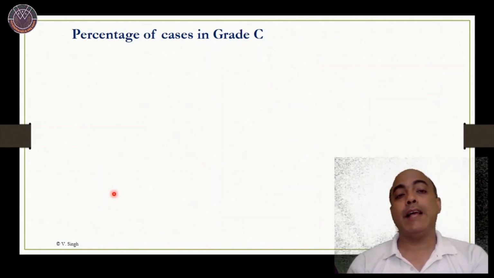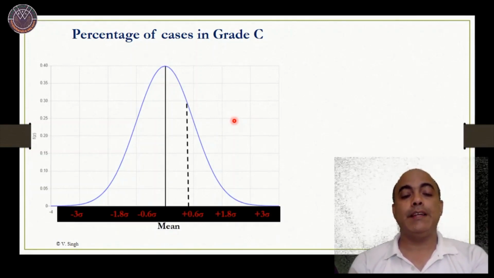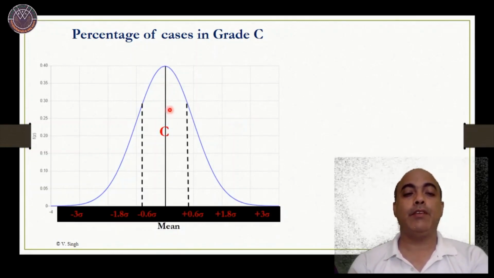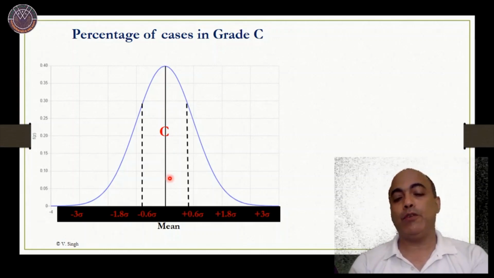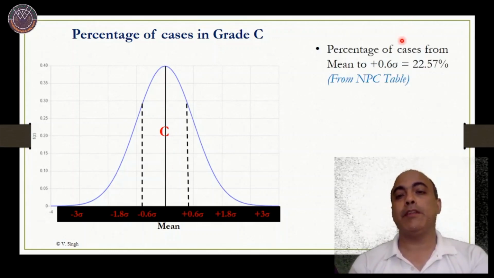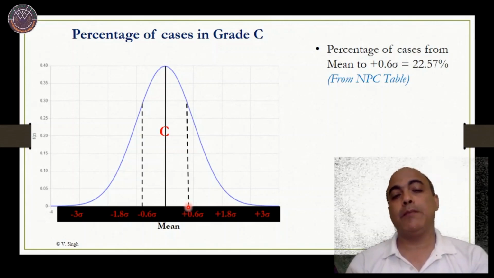Now for the last one, the percentage of cases in grade C, we can see in the graph that it is lying in this particular region. Again, we can follow the NPC table. We know that the percentage of cases between the mean and positive 0.6 sigma is 22.57.